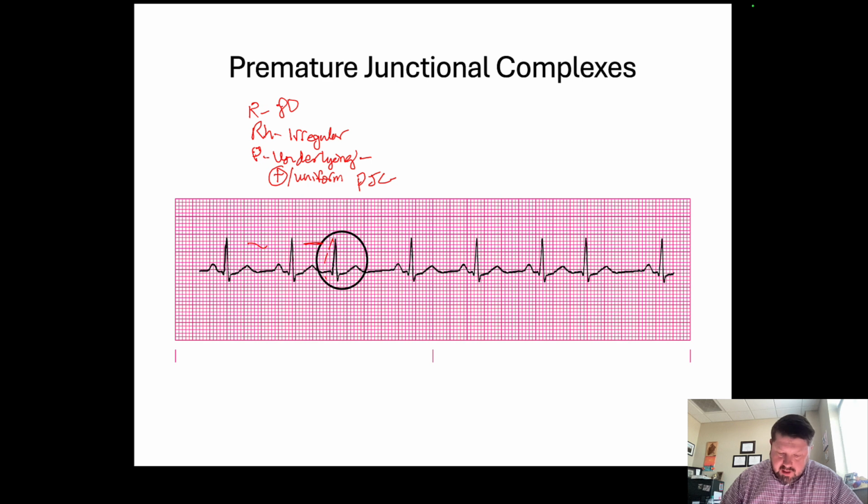What about my PRI? Well, my PRI for my underlying rhythm appears to be about 0.16, and then my QRS looks normal, and it looks like it's about 0.10.